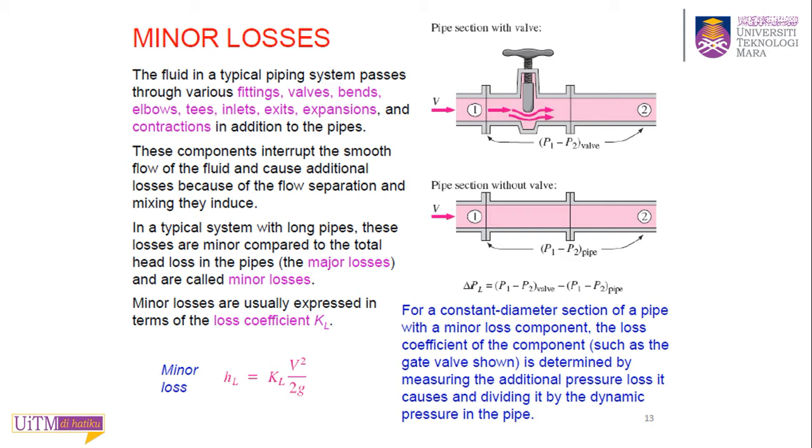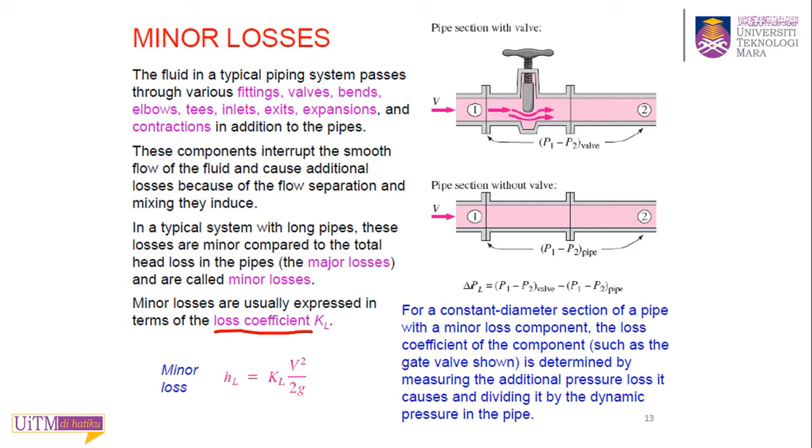Okay, the fittings, the valves, bends, elbows, everything, expansion, contraction, and this will give you the losses. To find these minor losses, normally they will give you the loss coefficient.